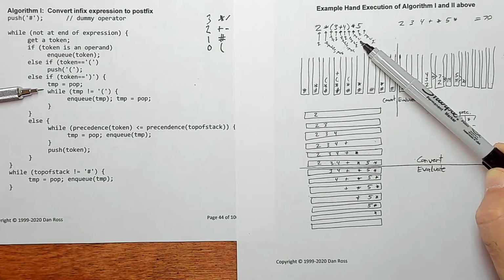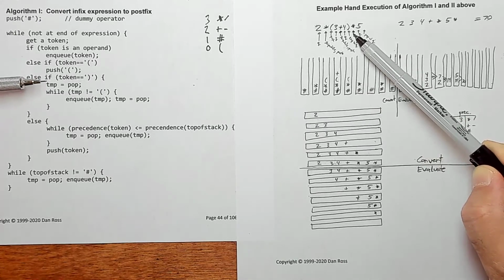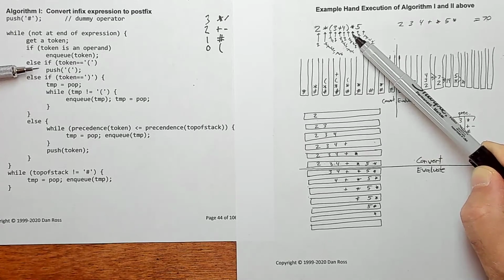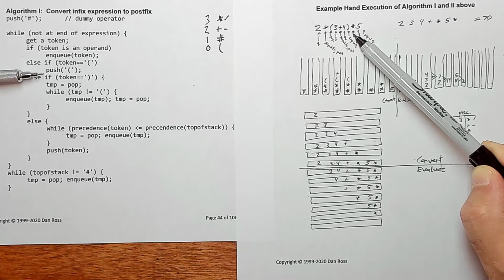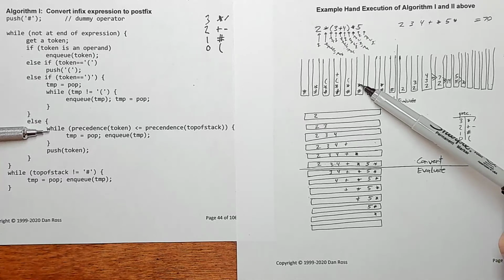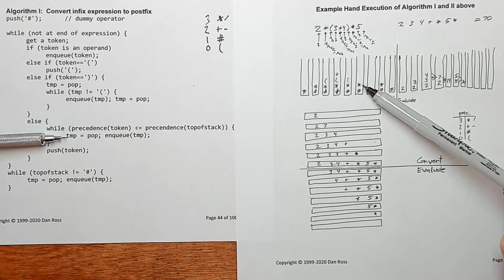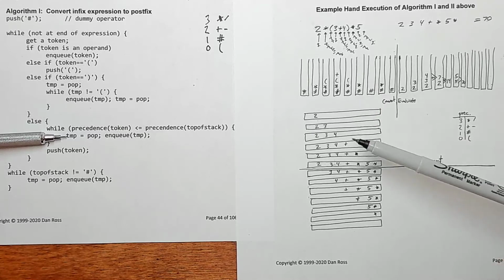Then you get to this dude over here, the multiply sign. So what is that? Is that an operator? So you've got to do the precedence checks now. There's already a multiplier sitting on there, so they have the same precedence, so the loop will execute. So you're going to pop off this guy and enqueue him.